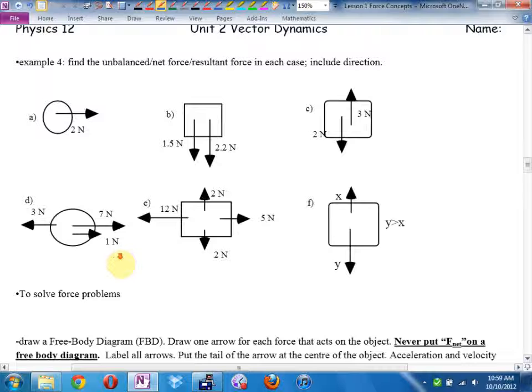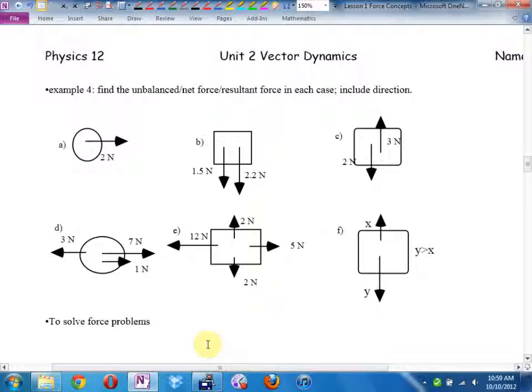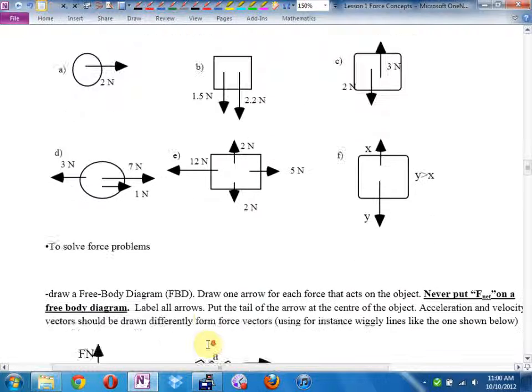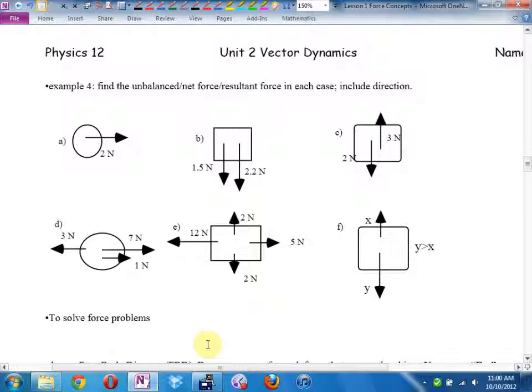Turn the page. Example 4 says, find the unbalanced or the net or the resultant force in each case, including the direction. All right. You know what? How about let's call this north, east, south, west, so we have some kind of frame of reference. What's the net force in A?